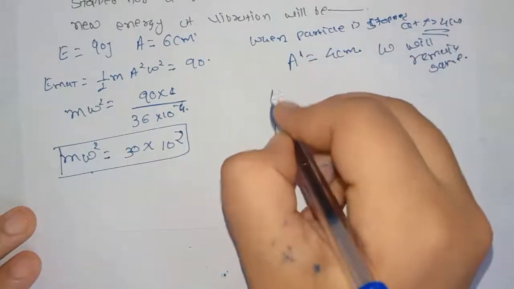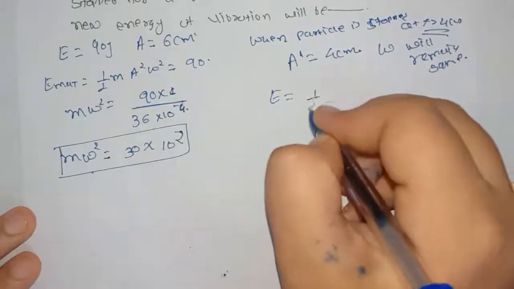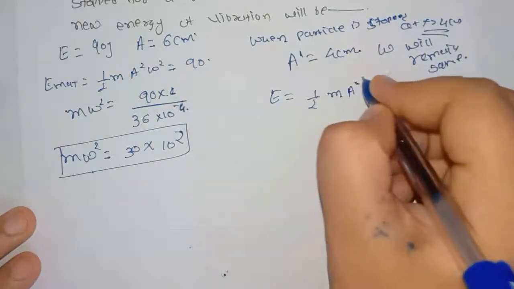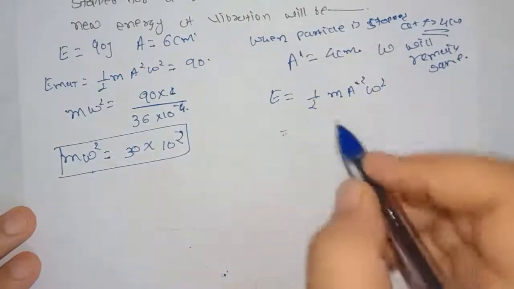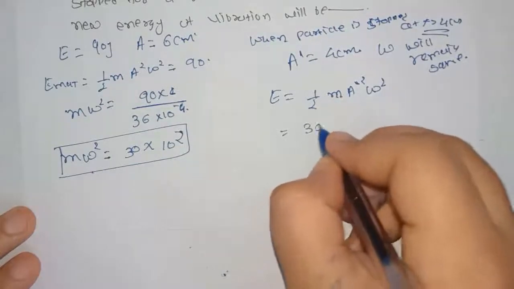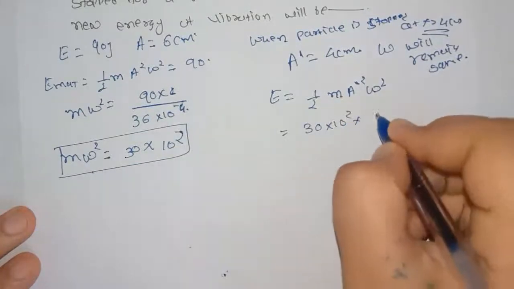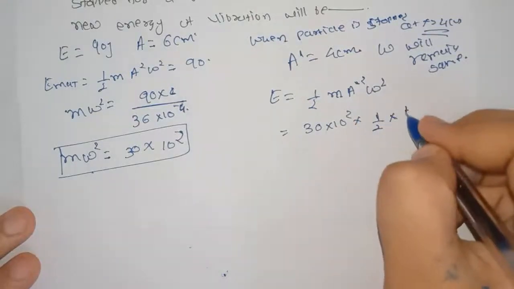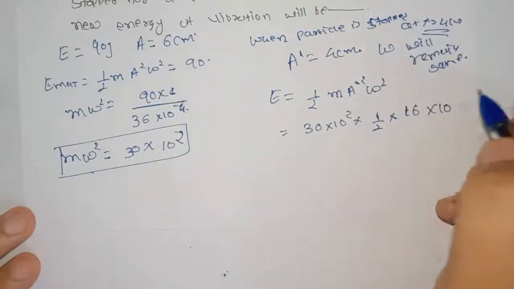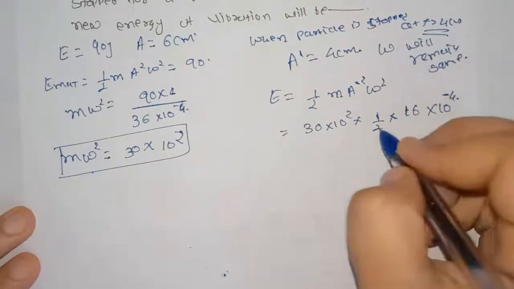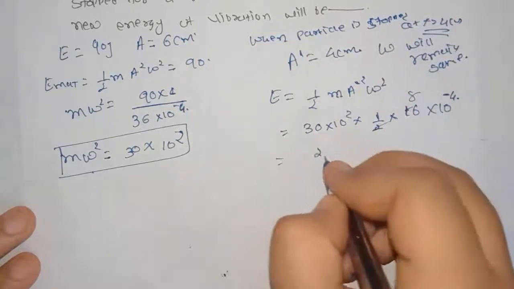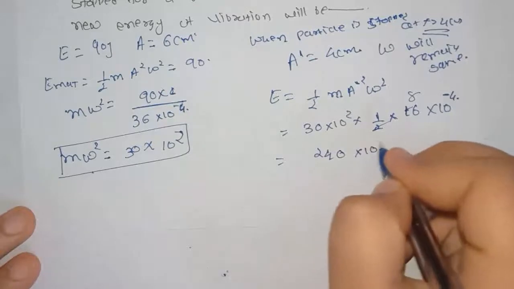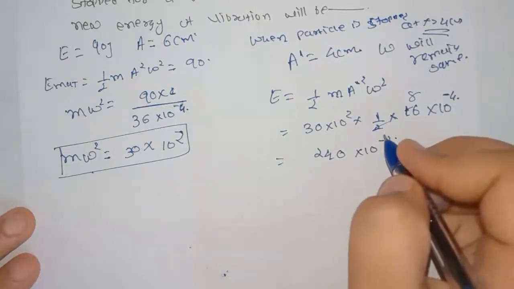So in that case, energy will be half m a dash square omega square, but m omega square is 30 into 10 power 2 into half a dash square, with a dash being 4 centimeter, that is 16 into 10 power minus 4. So that will be 240 into 10 power minus 2.